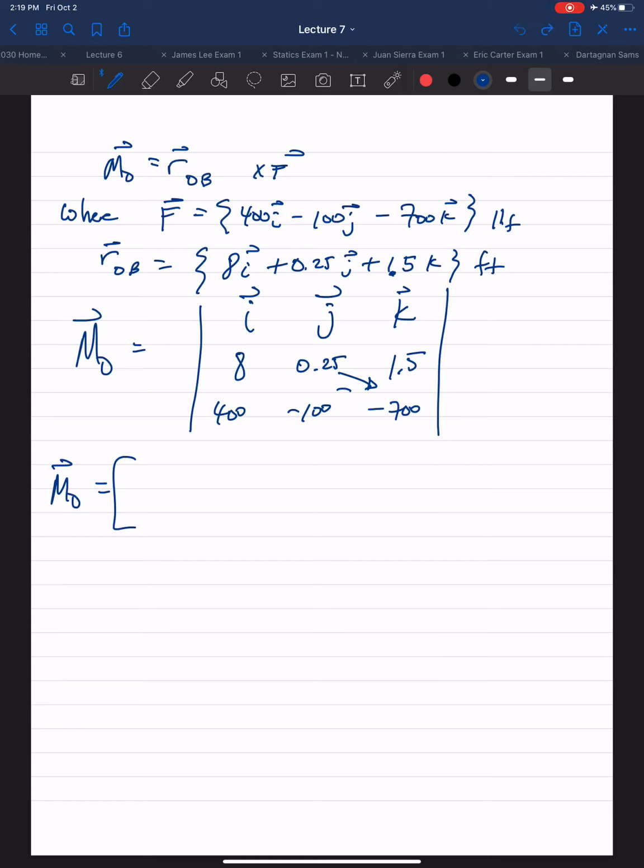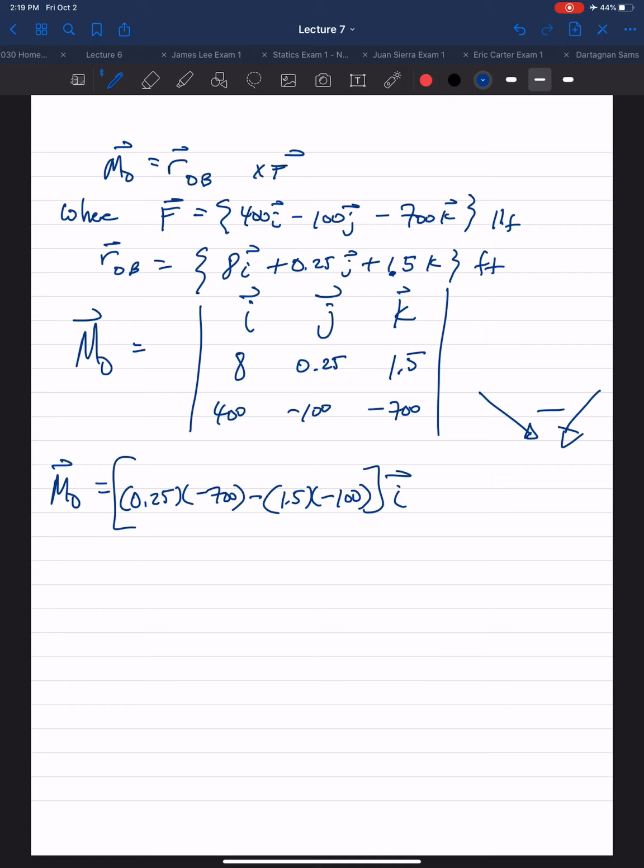Remember that you go this way, then minus this way. So that'll be 0.25 times negative 700 minus 1.5 times negative 100.